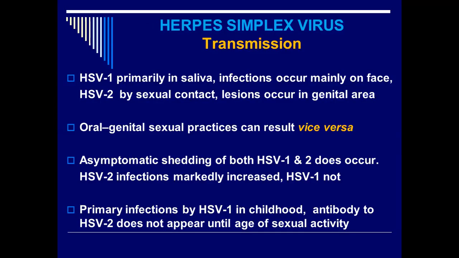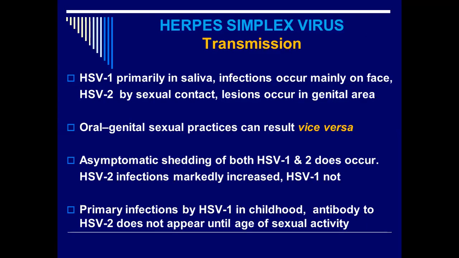We'll take the herpes simplex virus and its transmission. HSV1 is primarily present in the saliva, and infection mostly occurs in the face, whereas HSV2 is transmitted through sexual contact, because the lesions are primarily found in the genital area.